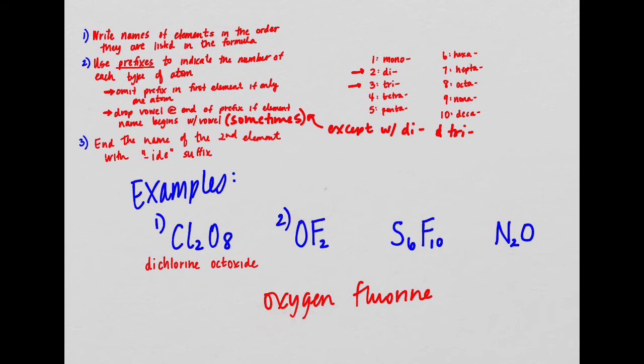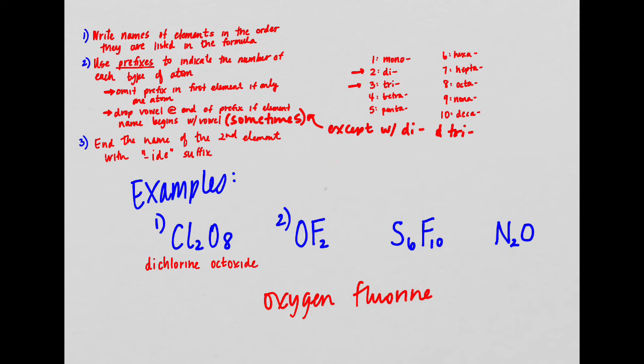We don't need to write mono. Okay, really quick, another example is CO2. We don't say monocarbon dioxide, right? We just say carbon dioxide because the first element has only one atom of that element.